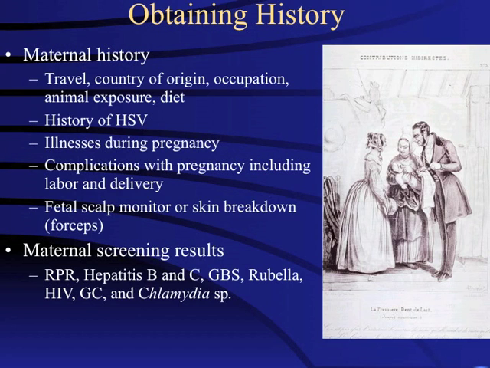So getting a good history is always very important, especially for congenital infections, and that can be very helpful, like a history of travel, where the mom has been, what's the country of origin. That can give you an idea of what immunizations she might or might not have received. Again, as I mentioned, Chagas problem, what's their occupation.